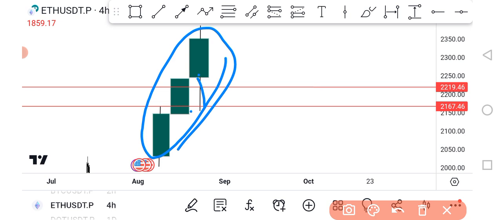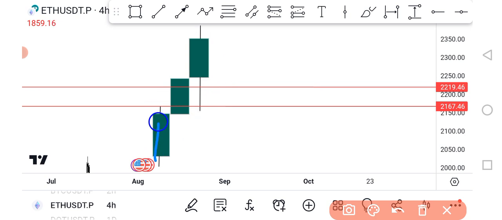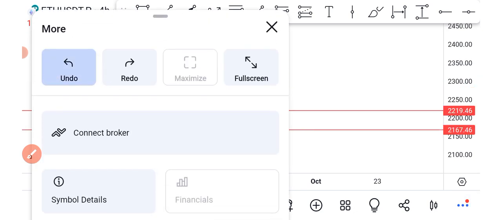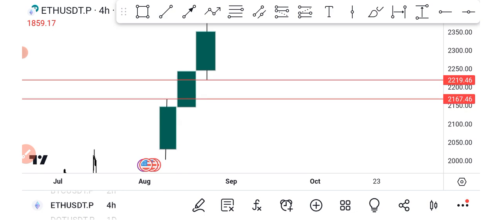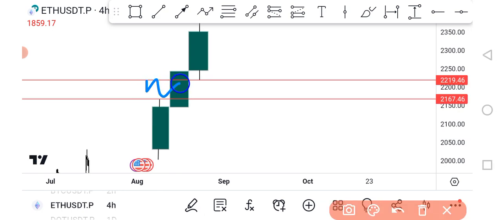But because the market was pumping, this one filled, and this particular one did not give us that. As the market was pumping, this gap was created. This led to what we call the imbalance, right?